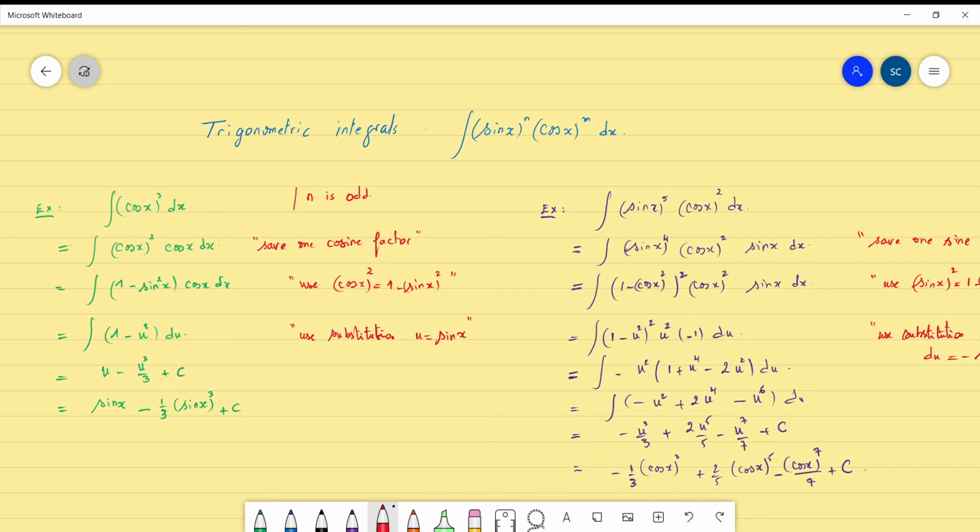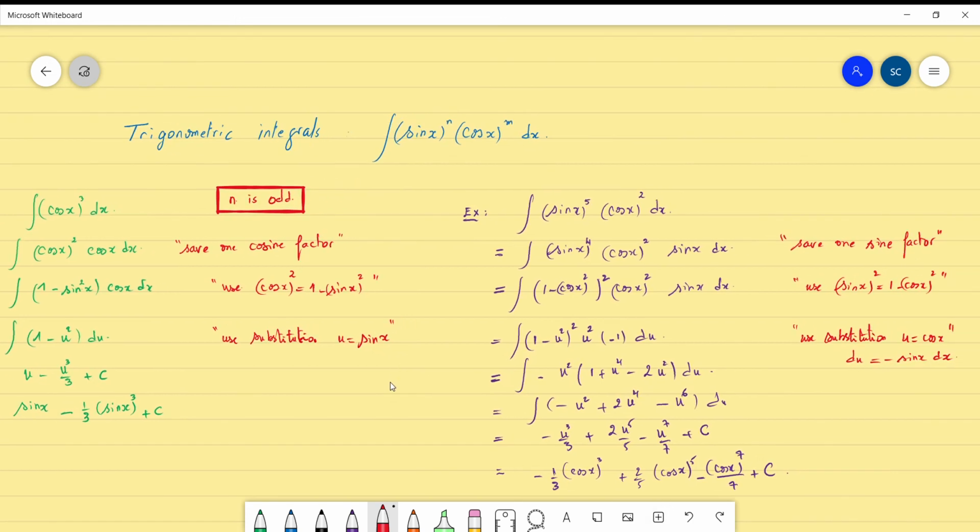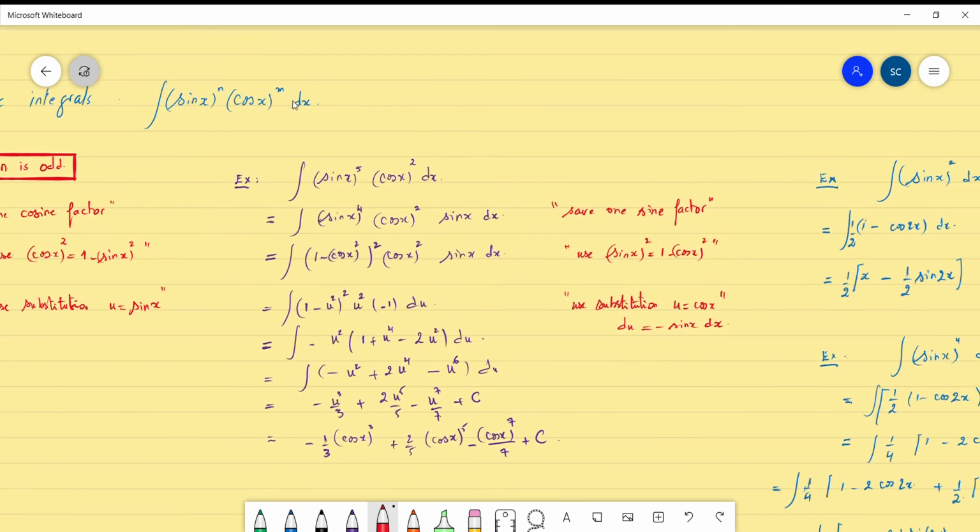This is how we proceed. When the power m is odd also, so either n or m is odd, we can do that. So we can proceed similarly like that.